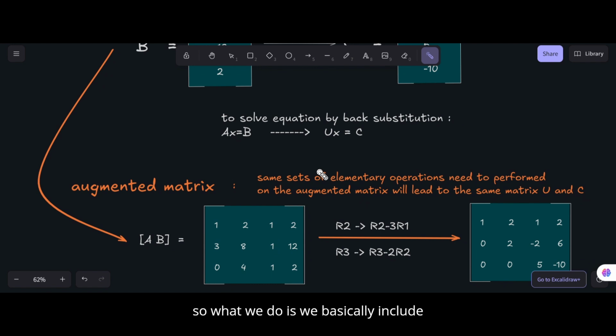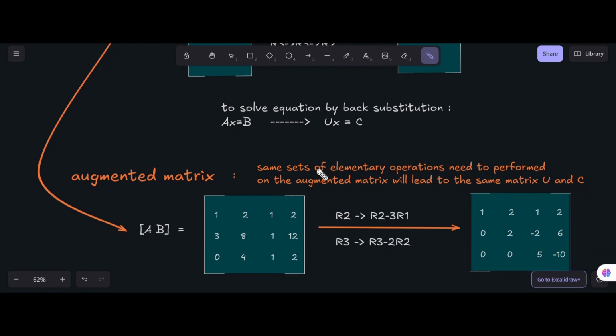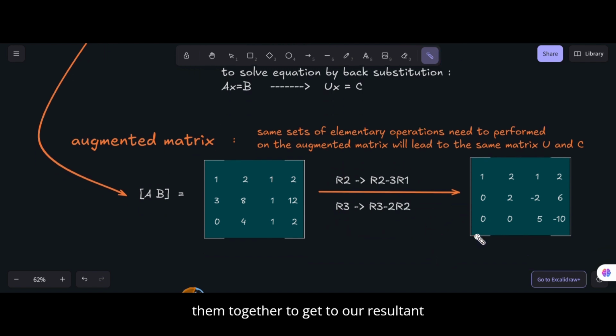We include B as the last column in A, and then perform elementary operations on them together to get to our resultant augmented matrix.